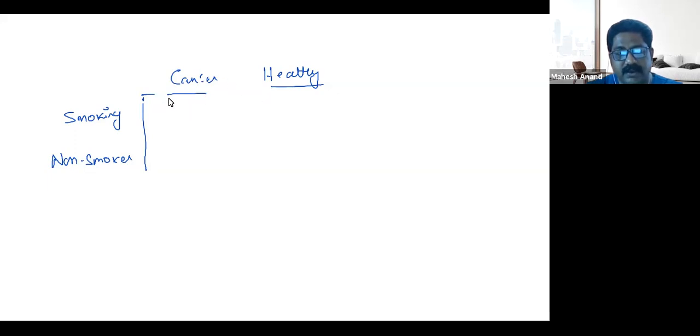So both are categorical variables, right? Qualitative variables. A person is having cancer or healthy. A person is having a smoking habit or is a non-smoker. So you can have this crosstab table based on your historical data, and my count is like this, and this is my count.